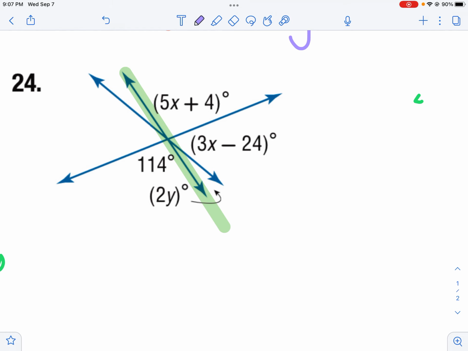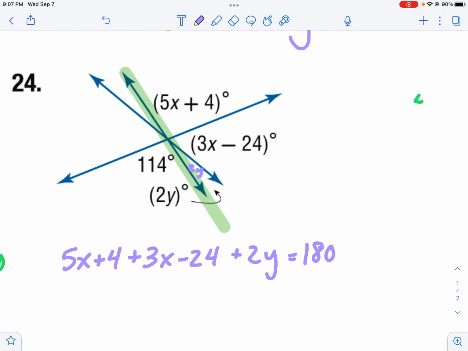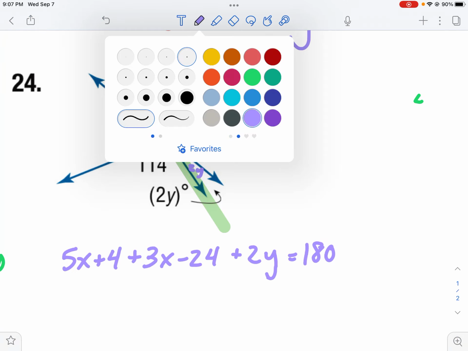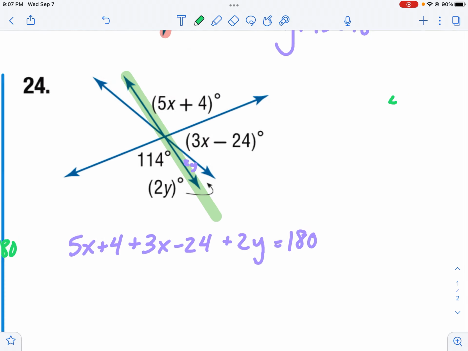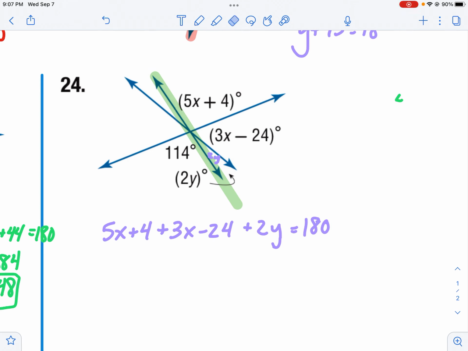So if I were to add up 5x plus 4 plus 3x minus 24 plus that 2y, I should get 180. And I guess it's not really a linear pair, right? If it's not two angles, it's three angles. But that's one equation, one set of angles that adds up to 180.